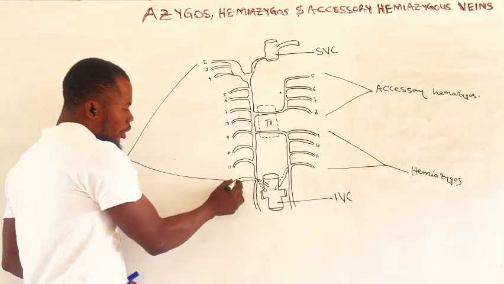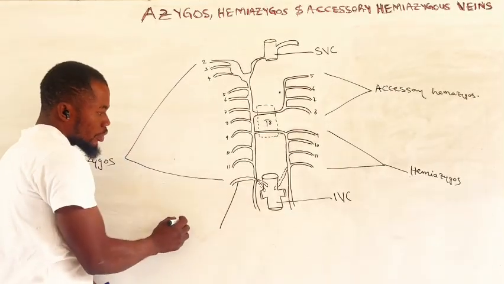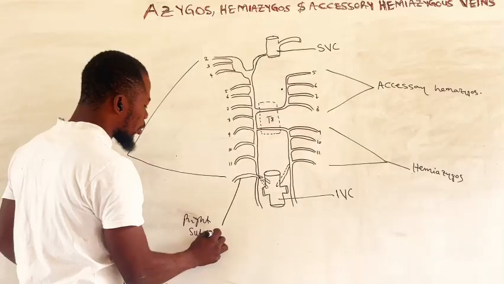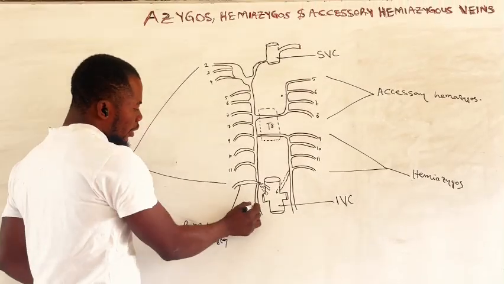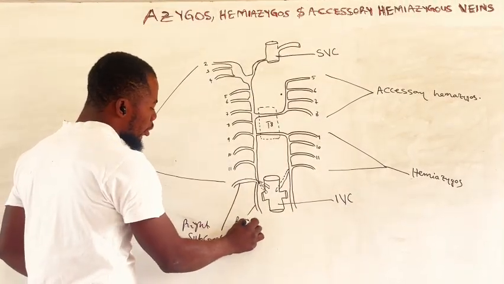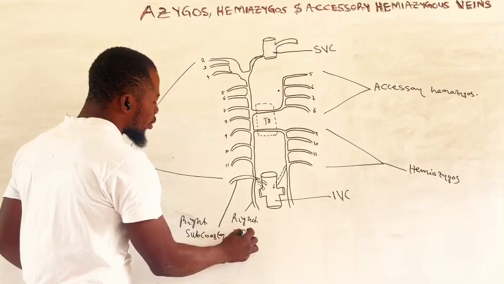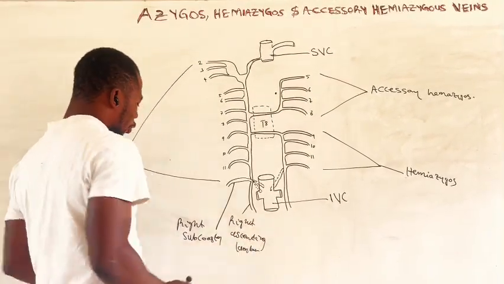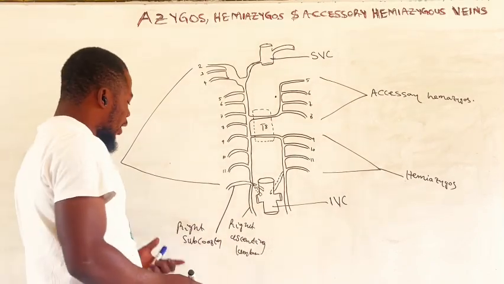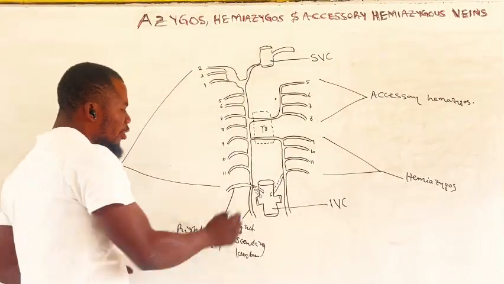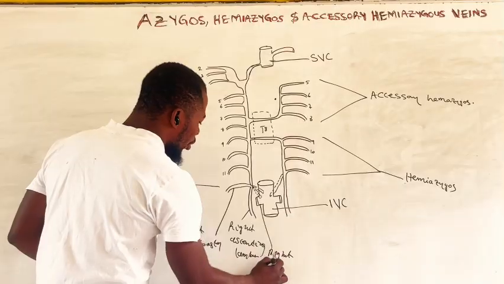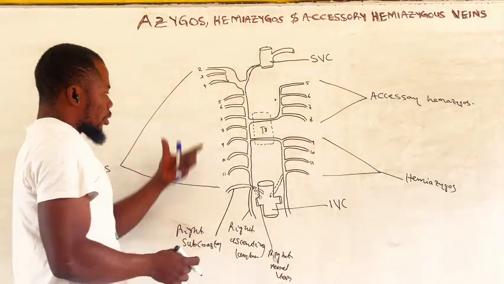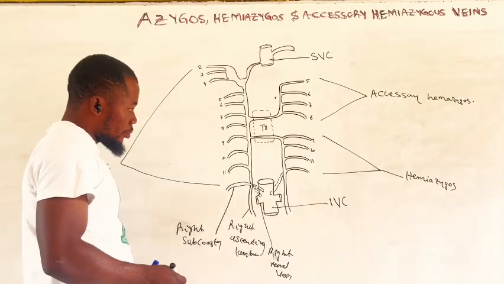So from here, this is our right subcostal, and this is our right ascending lumbar. The right ascending lumbar and the right subcostal, and occasionally the right renal vein, form the azygos vein.